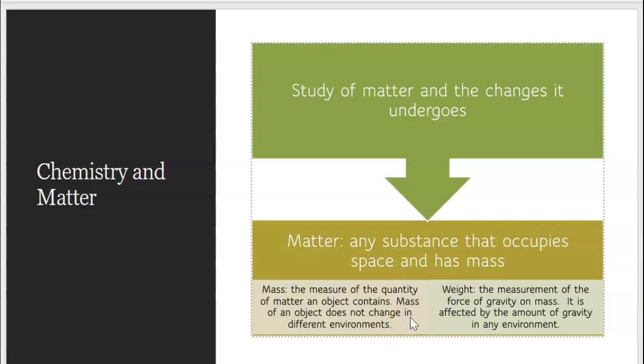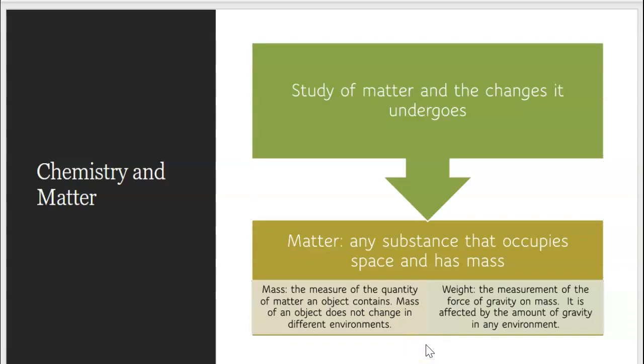So I'm going to weigh different on different planets because there are different forces of gravity. For instance, on Mars, there is going to be a lot more gravity, and so I will actually weigh a lot more. On Mercury, there's less gravity, so I'm going to weigh a lot less. However, the amount of mass that my body has, the stuff that makes up my body, that's not going to change in either environment.